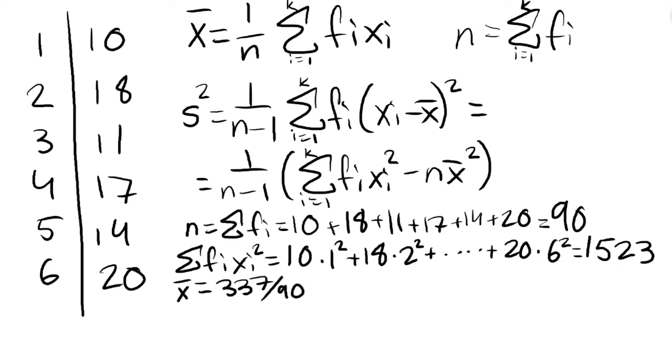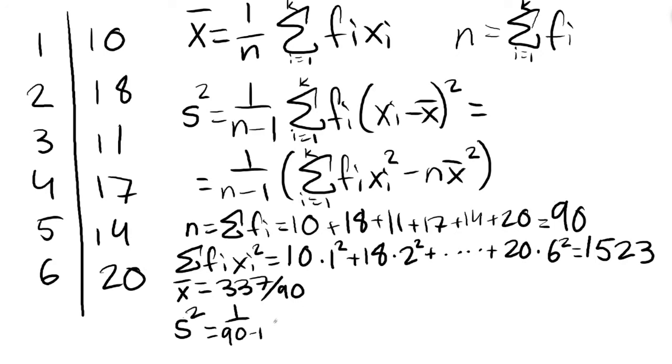This gives us a very long decimal number, but since we're not finished with the calculations, I choose to have it in this form, just so we can get as good of an estimate in the end as possible.